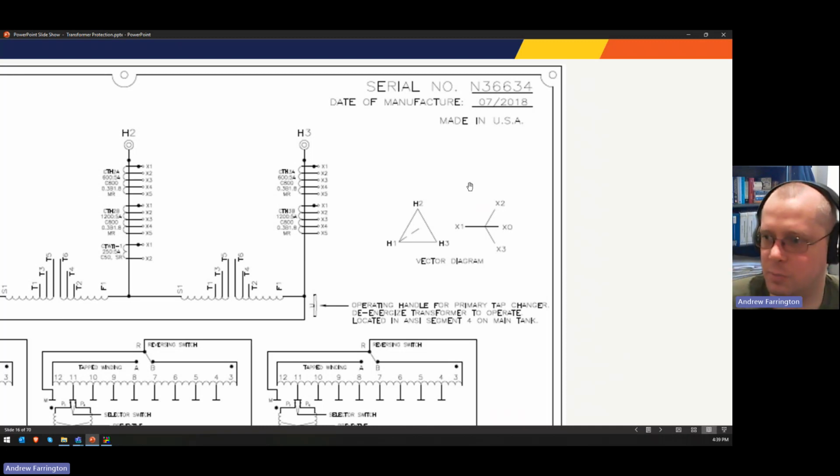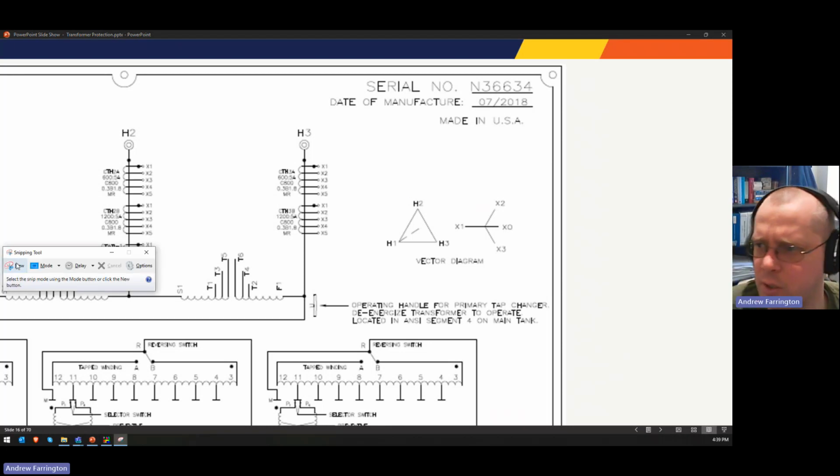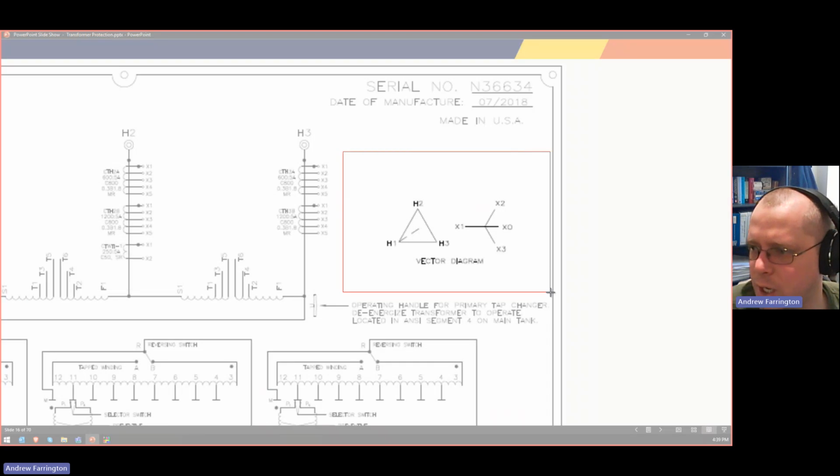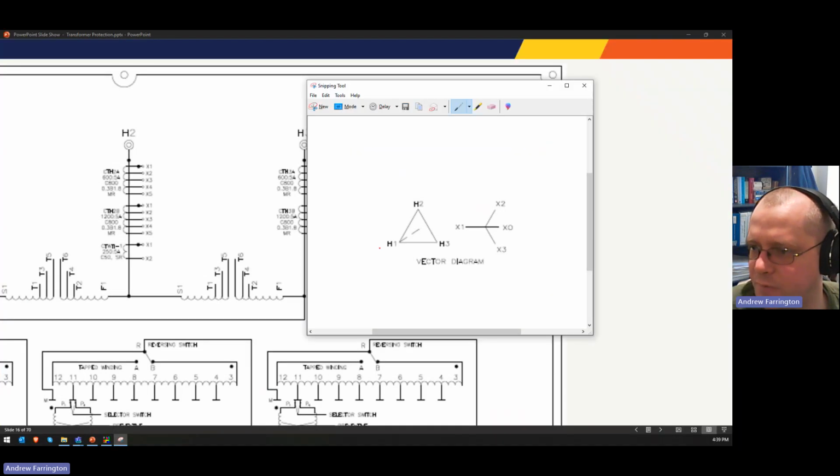So assuming that your system sequence is positive, this vector diagram is appropriate if you connect the phases in a positive sequence. What I mean by that, I have a slide on that too, but I think it's better to show that graphically here.